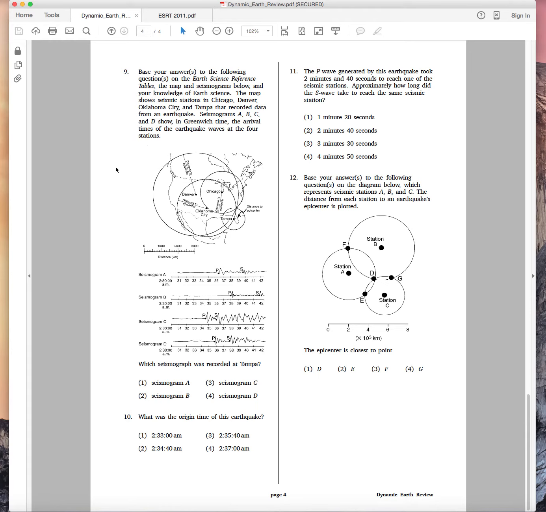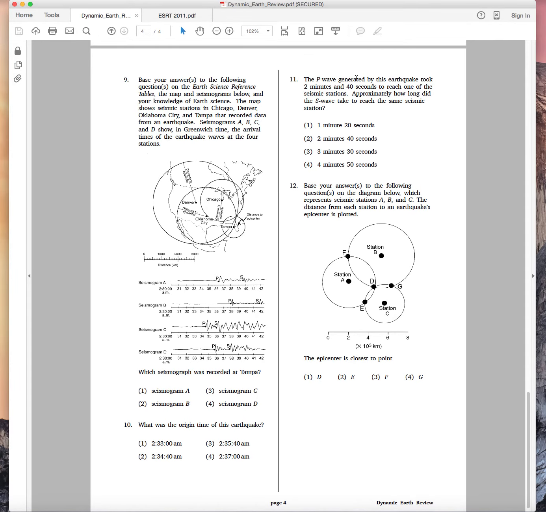So 100 minus 50 is 50. 33 minus 1 is 32. And I have 2 hours there. So doing my travel time, I would have a time of origin of about 2 hours, 32 minutes, and 50 seconds, which is super close to choice 1 anyway. So the best answer here for number 10 is choice number 1.